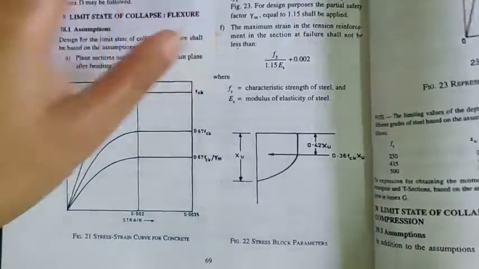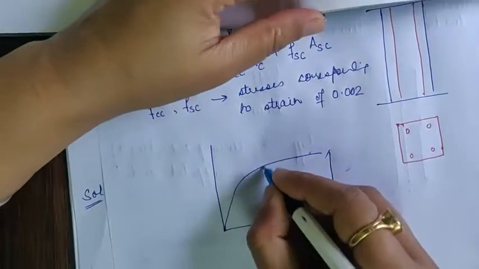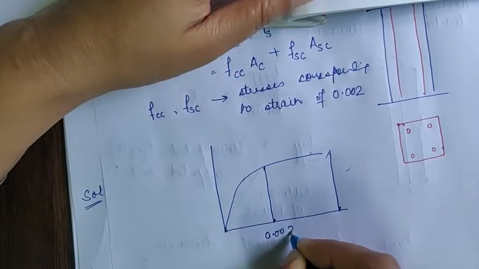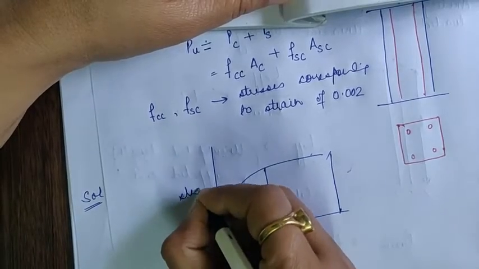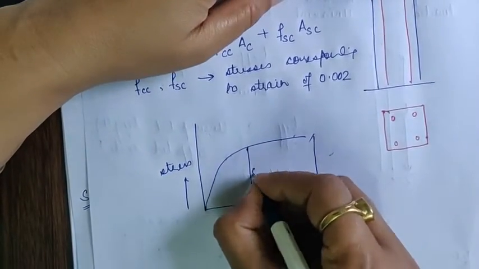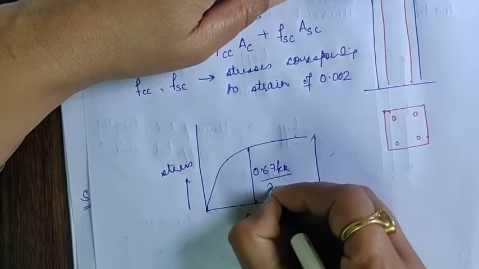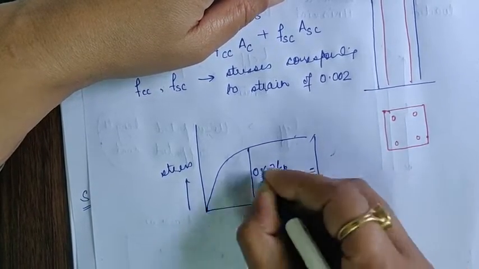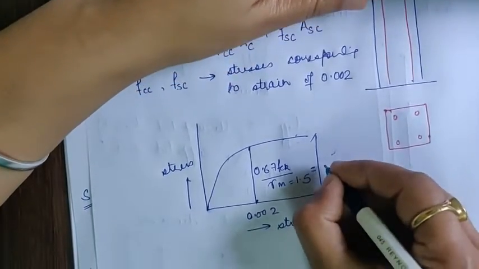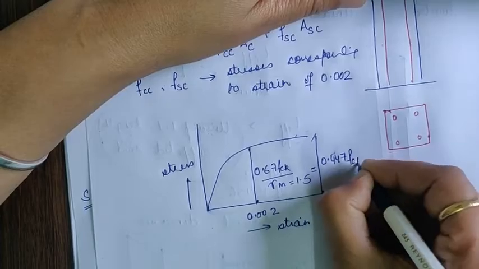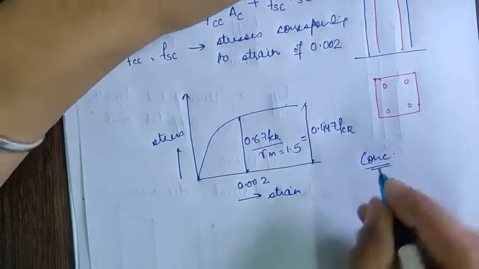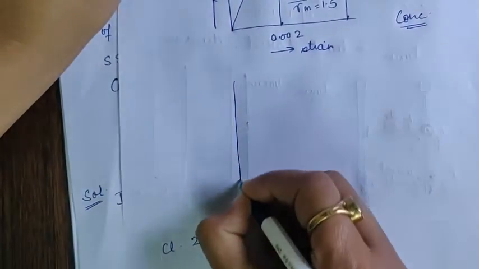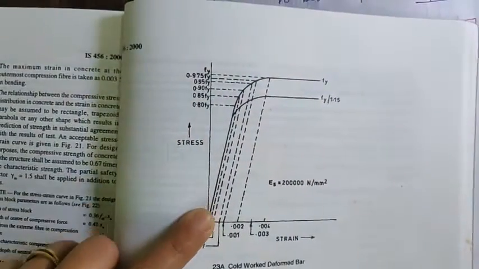So this is the strain 0.002, and corresponding to this, the stress in the system is 0.67 FCK upon gamma m, where gamma m is 1.5. So this value becomes 0.447 FCK. Then similarly, this is for concrete, but for steel, the values were taken by using this curve.